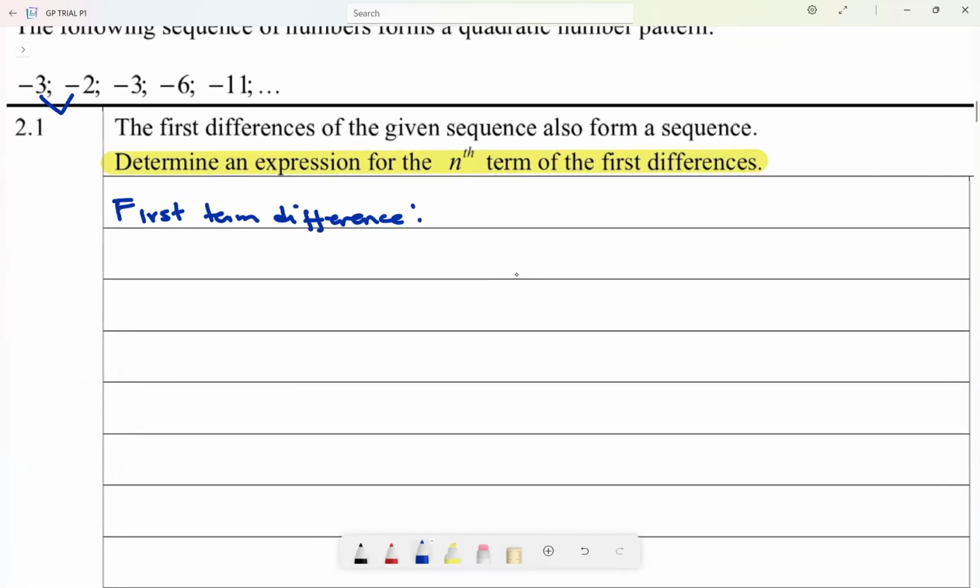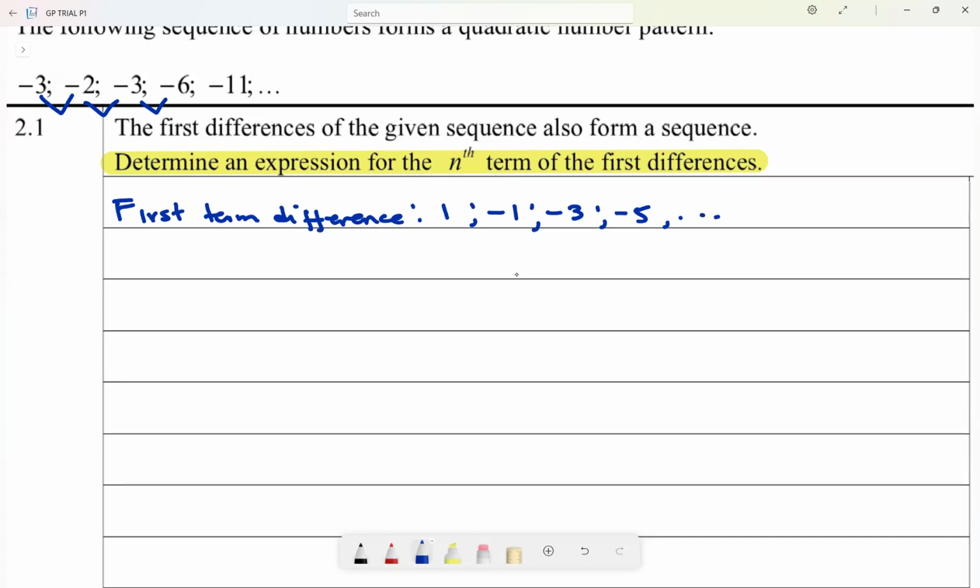The first difference: -2 minus -3, which is -2 plus 3, which is 1. And then -3 minus -2, which is -3 plus 2, it is -1. And then -6 minus -3, it is -6 plus 3, which is -3. And when you continue, it is -5, and so on.